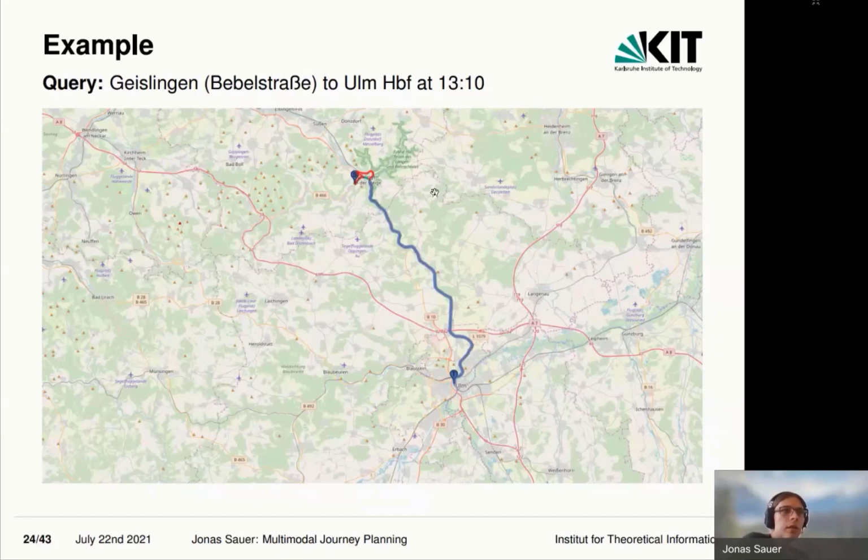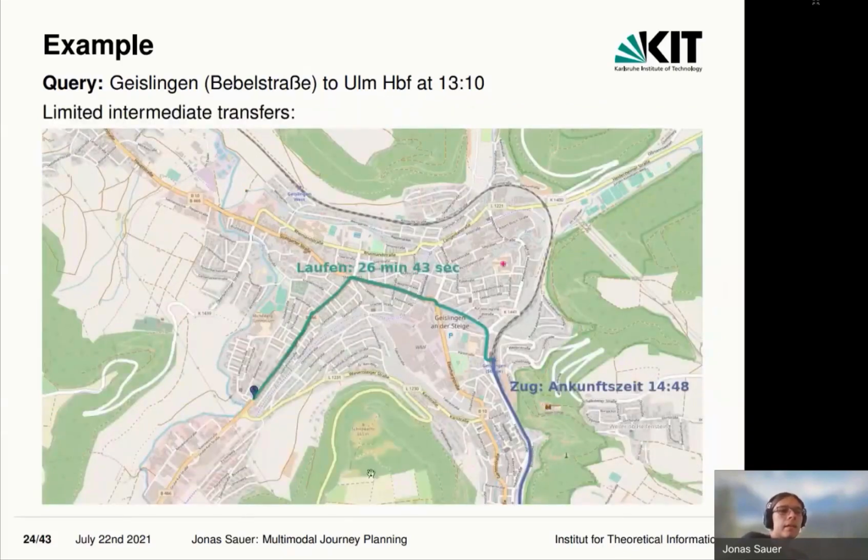So let's zoom in a bit. This is our source location, and we have two train stations, Geislingen West and Geislingen an der Steige. This is the result we get if we allow unlimited initial and final walking, but we limit intermediate walking.